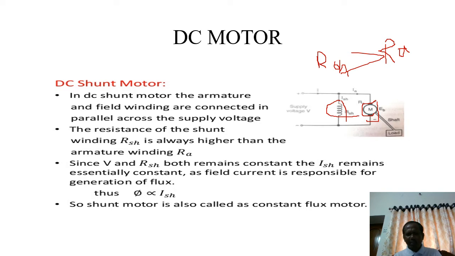So the only thing responsible for the generation of flux is the field current. The shunt field current ISH produces the flux phi, and flux phi is directly proportional to ISH. Therefore, from this condition, the shunt motor is called a constant flux motor. Another name for the shunt motor is constant flux motor.